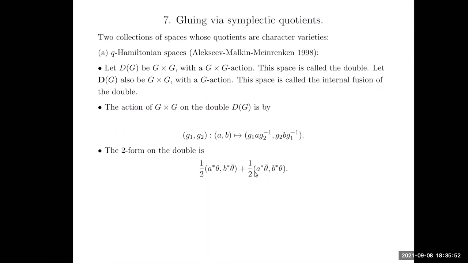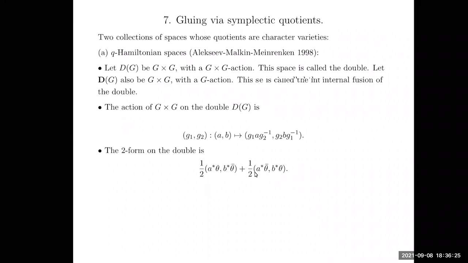The action of G cross G on the double is as follows, just left multiplication, right multiplication, and so on. And what that does to the 2-form on the double is like so. Here we're thinking of A as a coordinate.